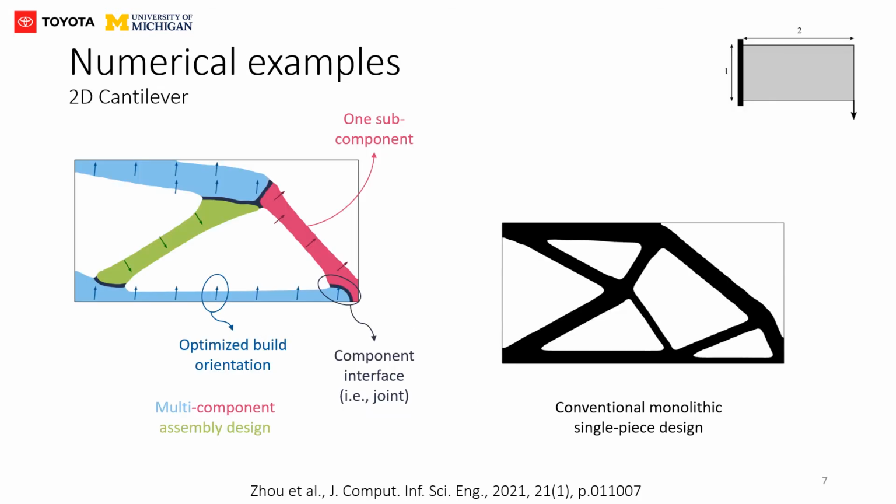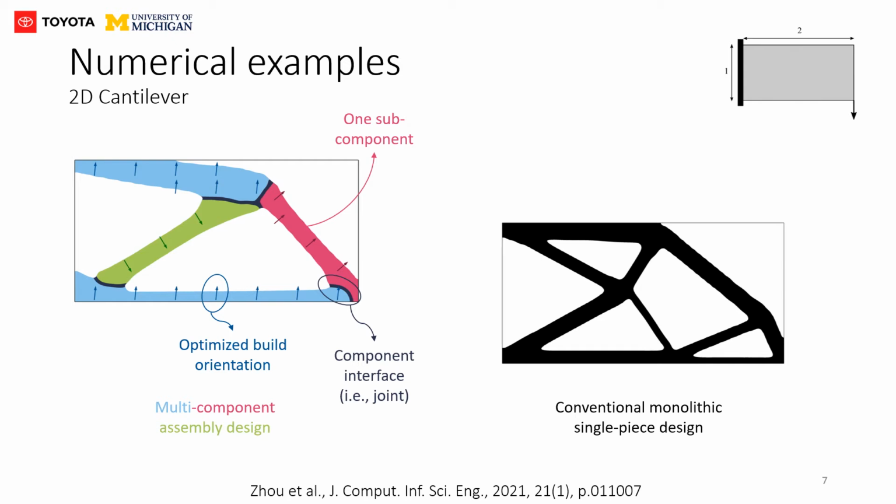To compare the anisotropic multi-component design with the conventional isotropic single-piece design, a 2D cantilever example is presented in this slide. With 3 distinct build orientations, the resulting multi-component assembly has 4 individual components. The arrows on components indicate the optimized build orientations.